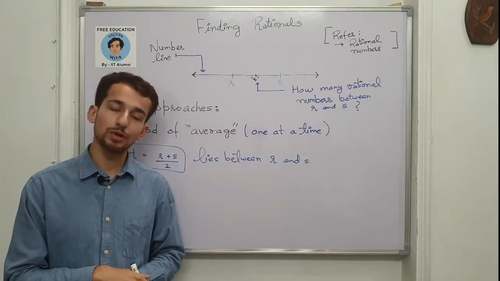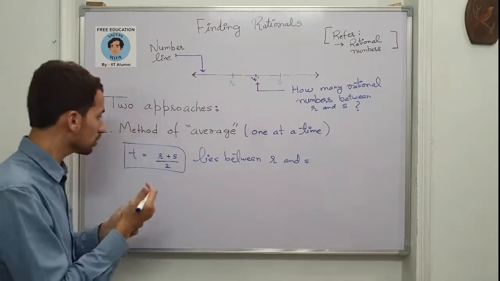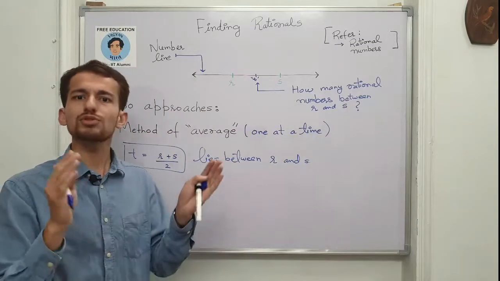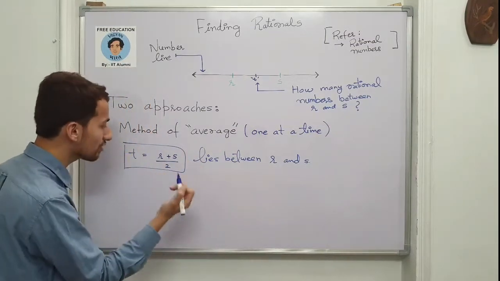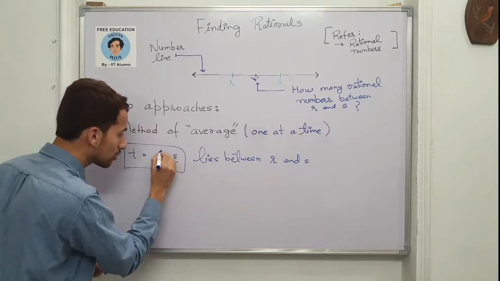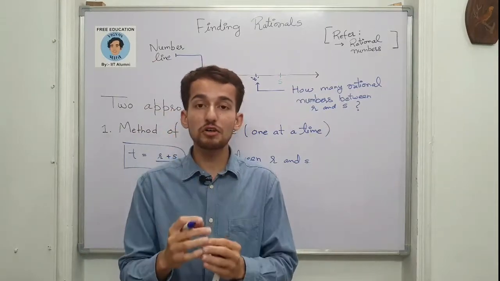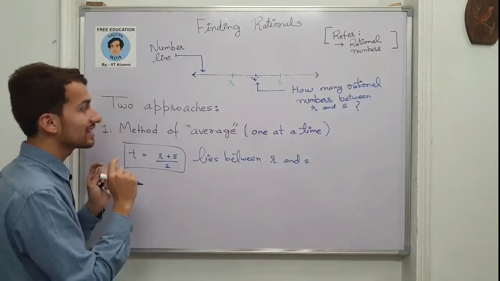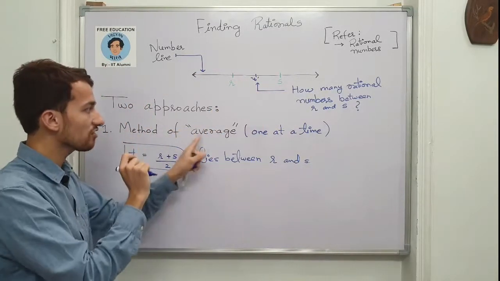By definition, if you recall, a rational number is a ratio of two integers. R and S are already two rational numbers. If you sum them, it will be a number, and of course you can rewrite it in such a way that the numerator upon the denominator is the ratio of two integers. That's why this t is a rational number, and it lies between R and S and is given by this value. This is our first method, the method of average.